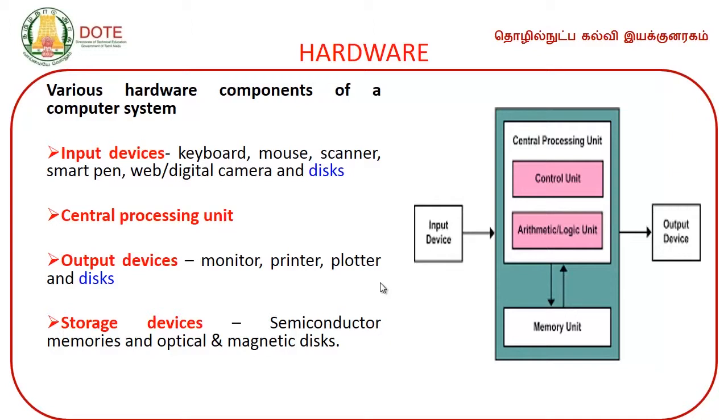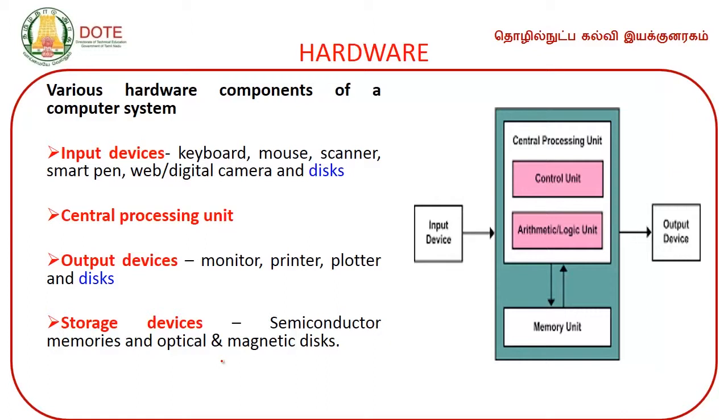Another major part of the computer is the CPU. This central processing unit is the brain of the computer. It has a control unit, arithmetic and logical unit and memory unit. Then output devices like monitor, printer, plotter and disks.